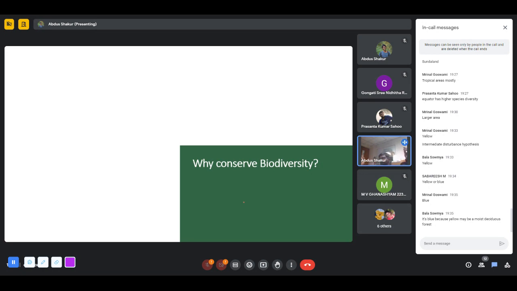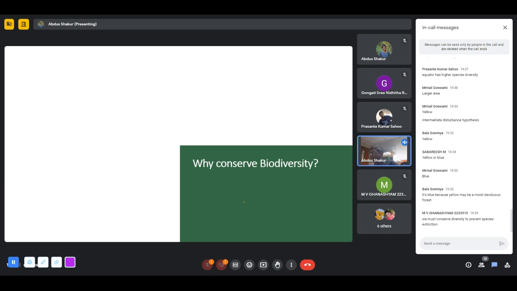So there are multiple reasons why we should conserve biodiversity. To prevent species extinction, yes. What happens because of species extinction is what Prashanta was trying to say, because every species is connected to each other in the food web or ecological structure, so they each have their own role.